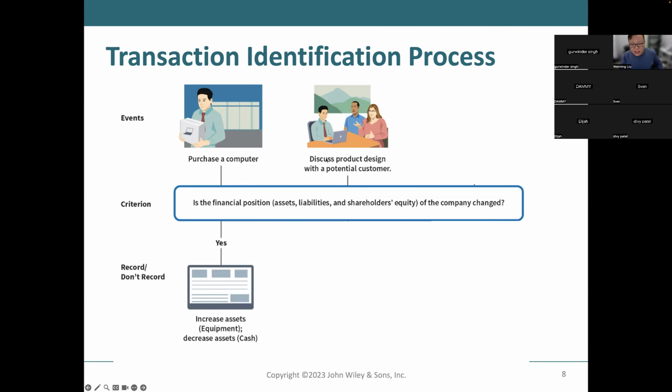Next one, discuss product design with a potential customer. The business's workers, engineers, are discussing the product design with a potential customer. Does this affect the financial position?